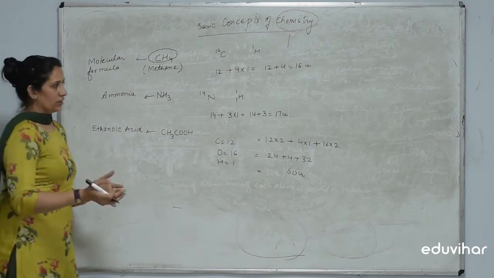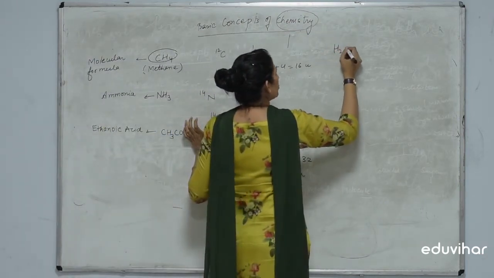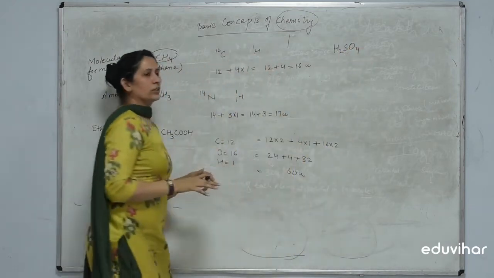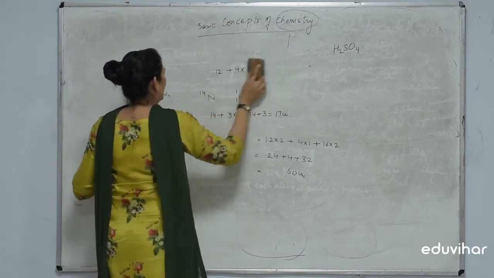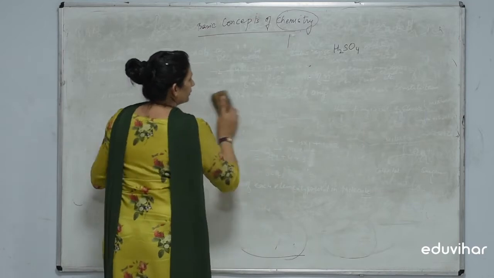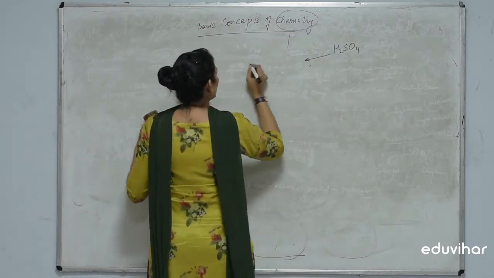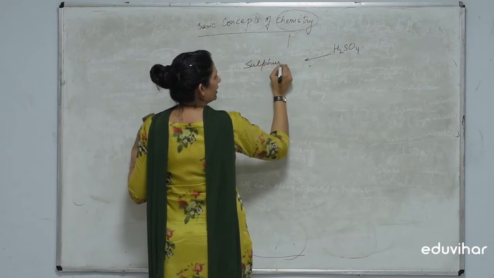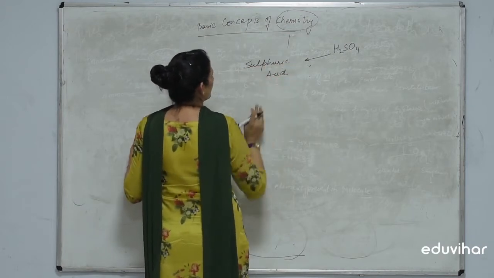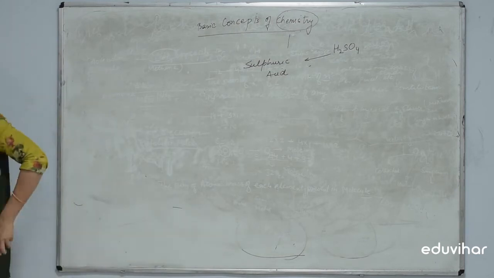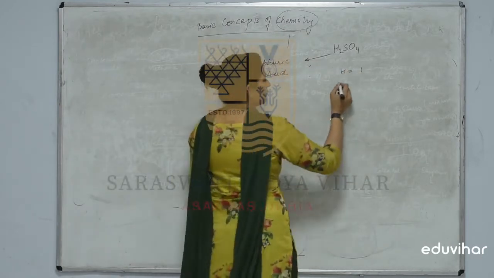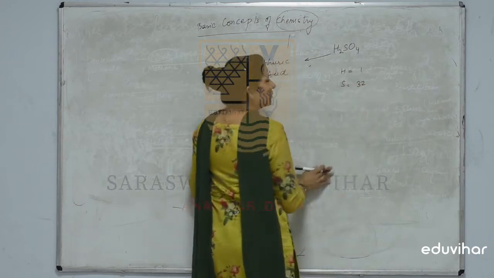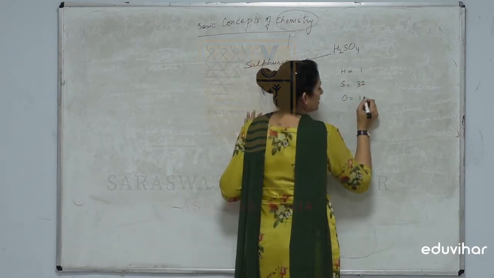We are taking one more example, H2SO4. Calculate the molecular mass of this compound. First, I tell the name of this compound. The name of this molecule is sulfuric acid. We have hydrogen with atomic mass 1, sulfur with atomic mass 32, and oxygen with atomic mass 16.